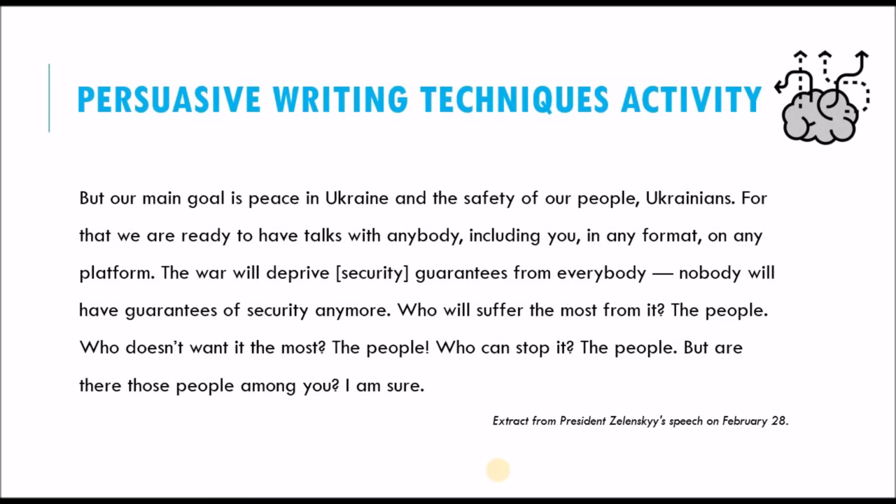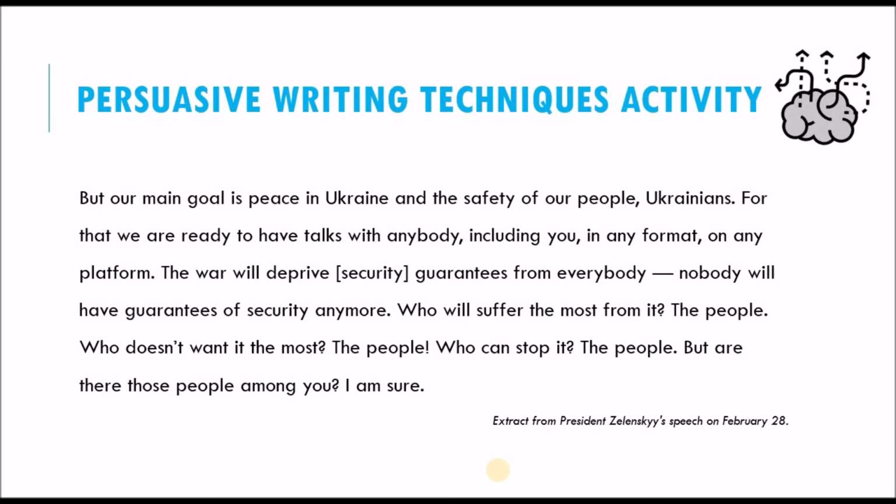I'm going to read it, and while I read, you look, and then we will talk. "But our main goal is peace in Ukraine and the safety of our people, Ukrainians. For that, we are ready to have talks with anybody, including you, in any format, on any platform.